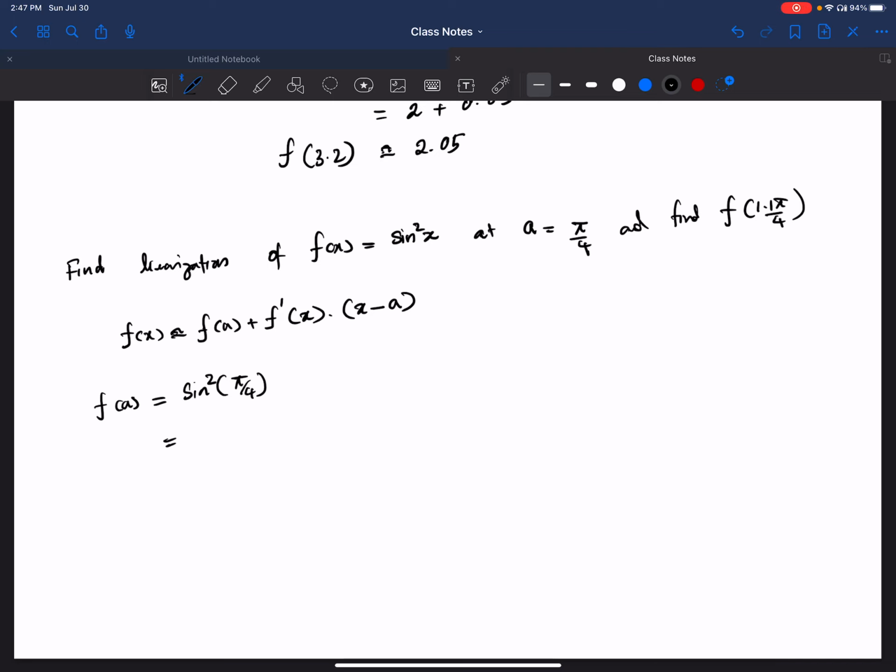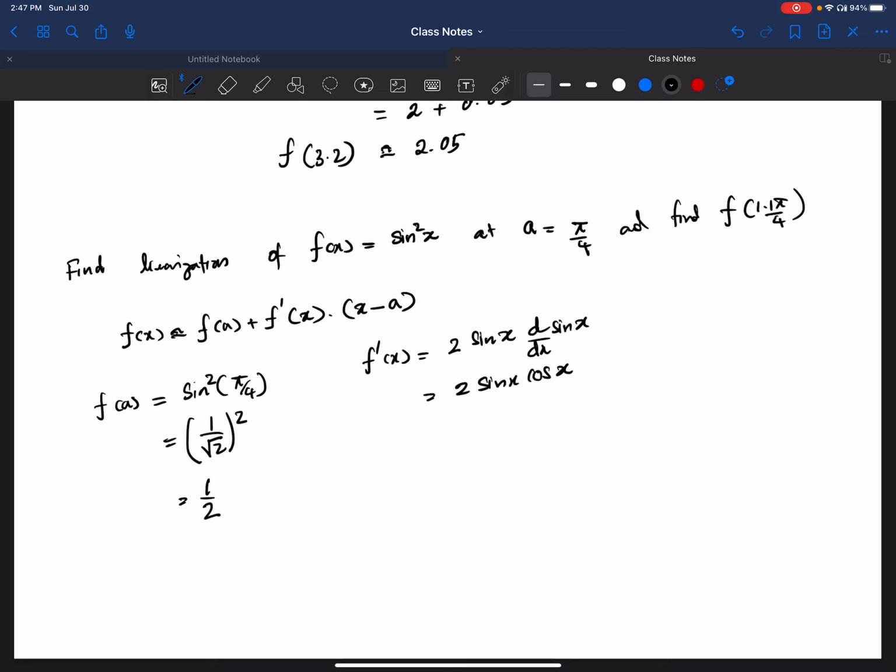Sine pi over 4 is 1 over square root of 2, that's squared, which is equal to half. And then I can find f prime of x, which is 2 times sine x times the derivative of sine x, which is 2 times sine x cosine x.